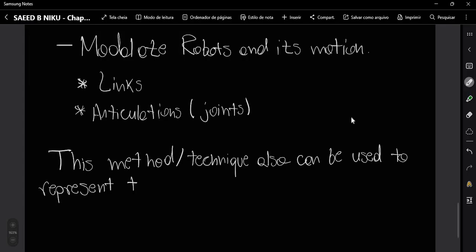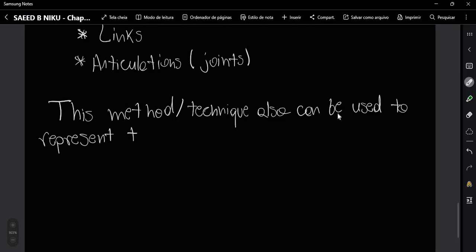analyze robots. We have methods like the Cartesian one. When I mention representation, I'm referring to the way in which this robot is being represented in 3D space.